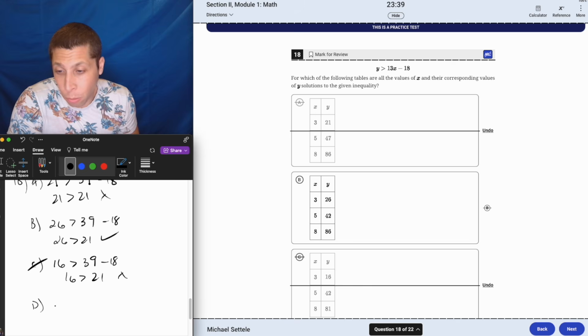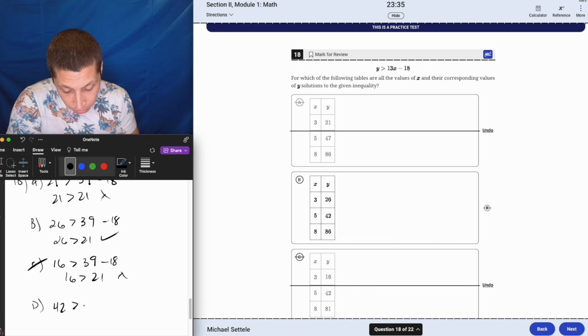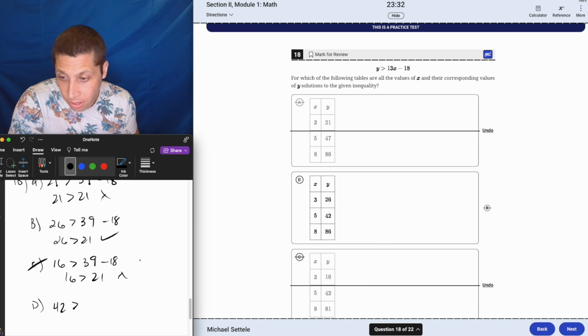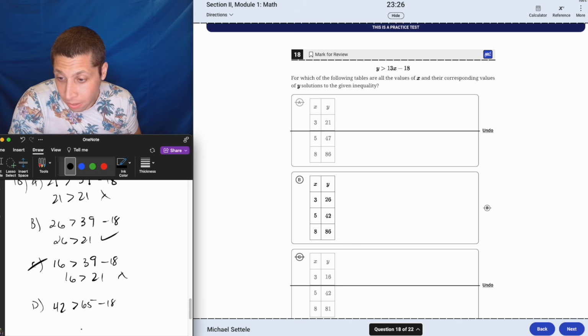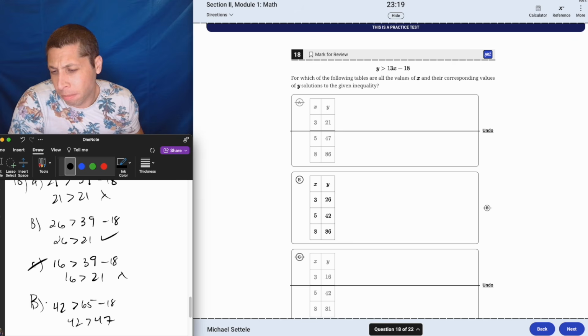So 42 is greater than 13 times 5. 13 times 5 is 65. Is 42 greater than 65 minus 18, which is 47? 42 is greater than 47. Oop, sorry, that's B again. No, it's not. So that can't be right.